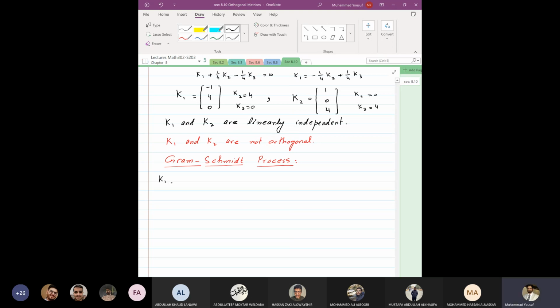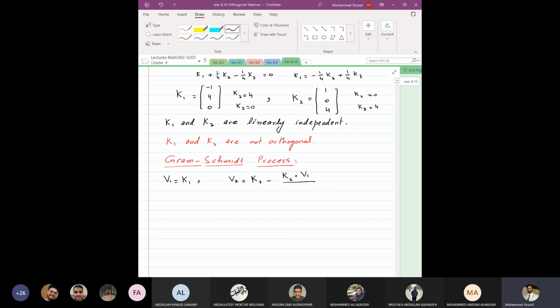We let V1 be K1, and we define vector 2 from the second vector K2: V2 equals K2 minus K2 dot V1 over V1 dot V1.